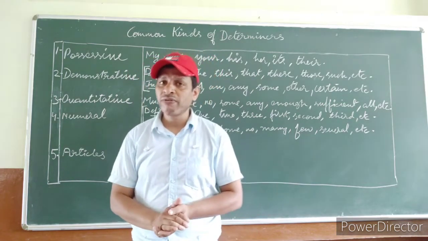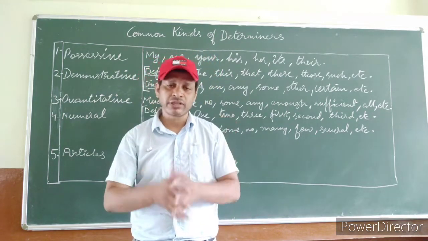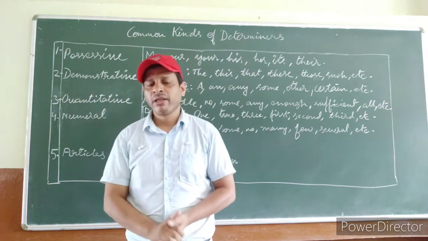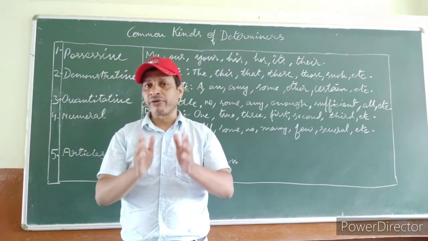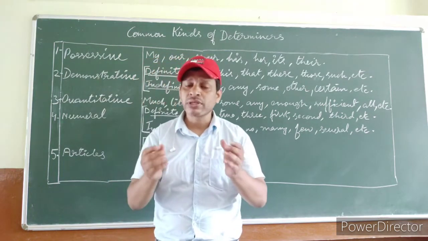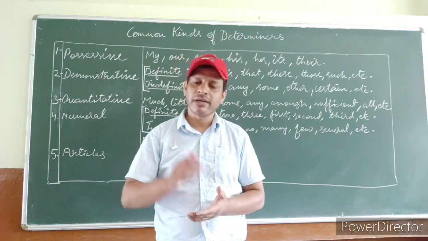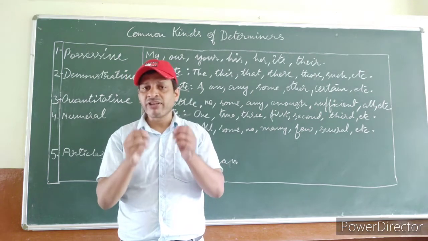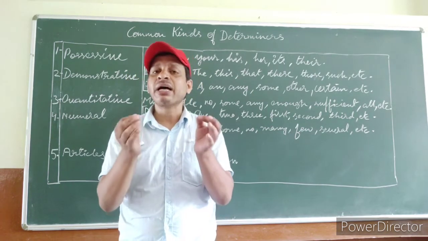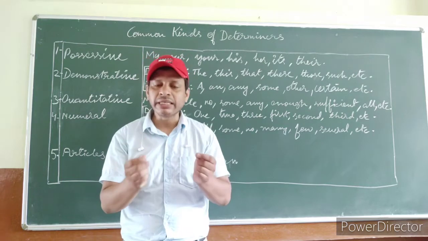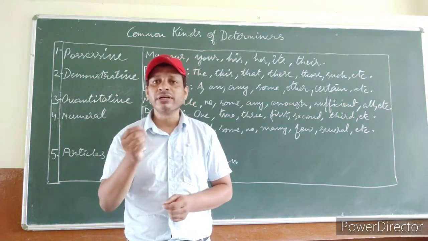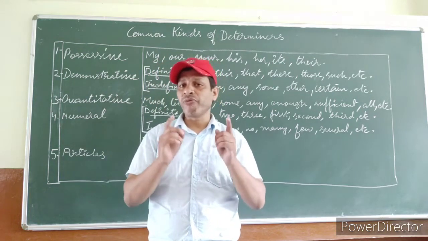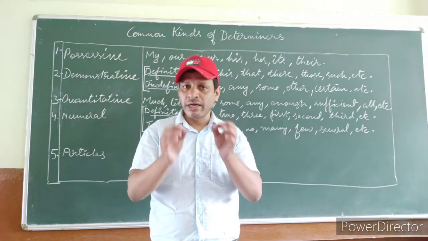And then before the names of things which are unique, for example, the sun, the moon, the earth, etc. And then before superlative degrees, for example, the most, the youngest, the best, etc. And then before a proper adjective, when people or nation is understood, for example, the Indians, the French, the Chinese, etc.